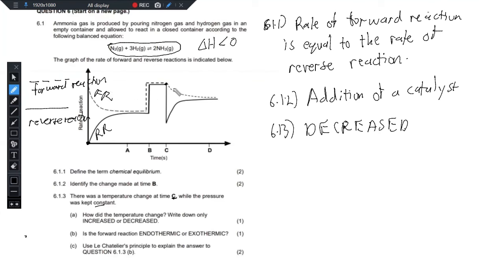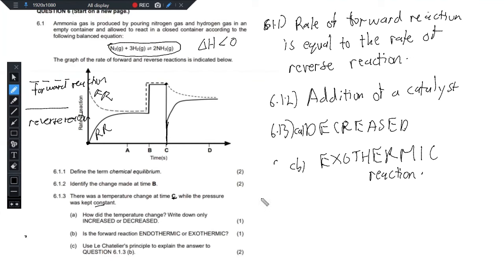Now let's check what happened at C. Is the forward reaction endothermic or exothermic? This is an exothermic reaction. Use Le Chatelier's principle to explain the answer to question 6.1.3.